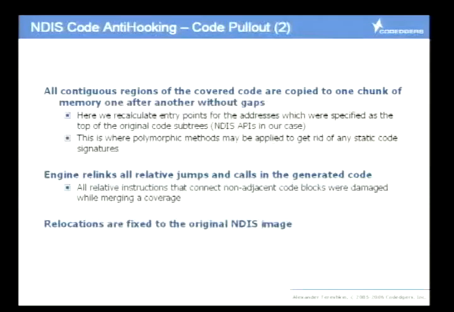We should relink all relative jumps and calls in the generated code because they were broken when we moved all covered regions into one big piece of code. That's because all relative instructions that connect non-adjacent code blocks were damaged. And the final step of the algorithm is to fix all relocations to the original driver image.